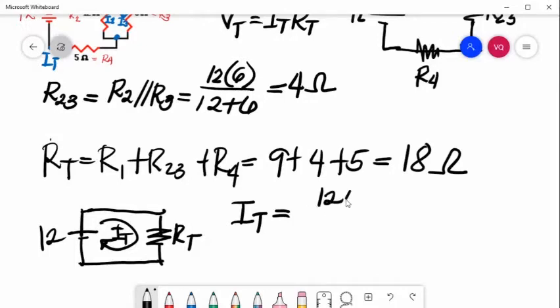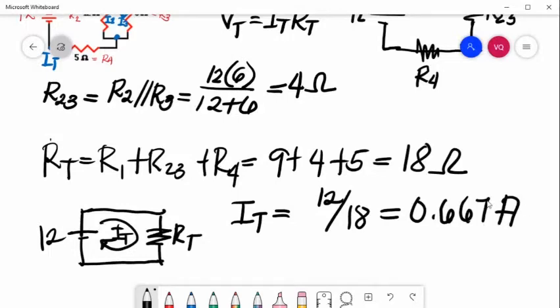So 12 volts divided by 18. Total current will now be 0.667 ampere. So this one is our first answer: total resistance, and our total current.